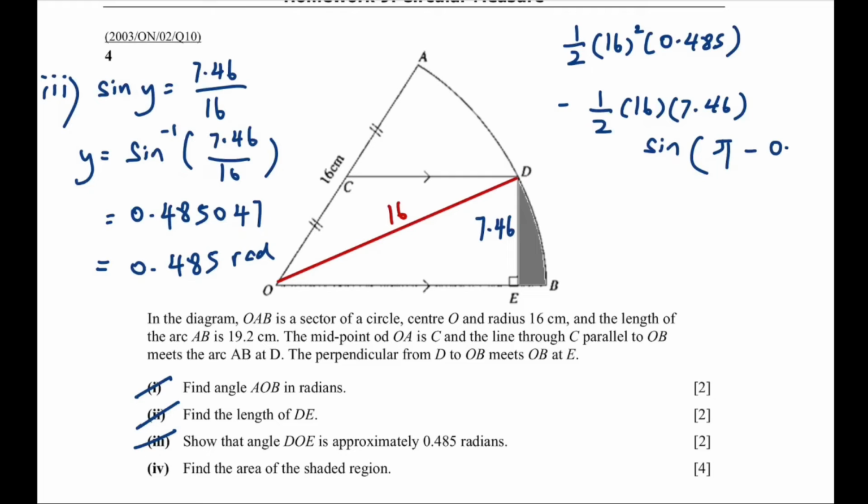Pi minus 0.8485 minus pi over 2, because this is 90 degrees. Because I want to find the angle here.